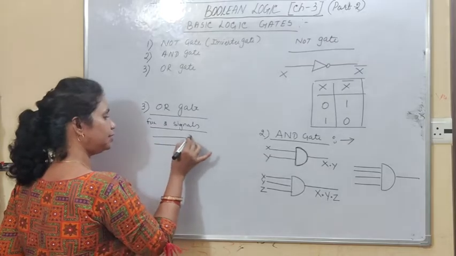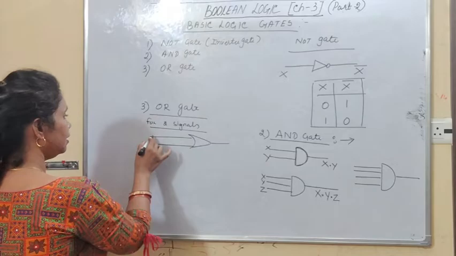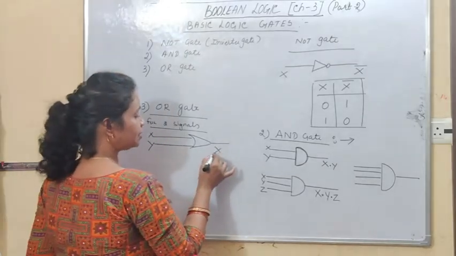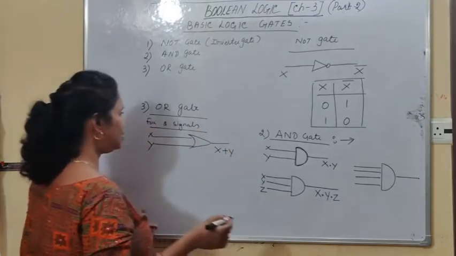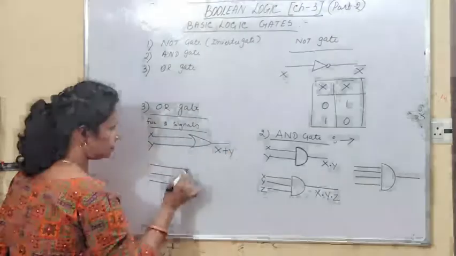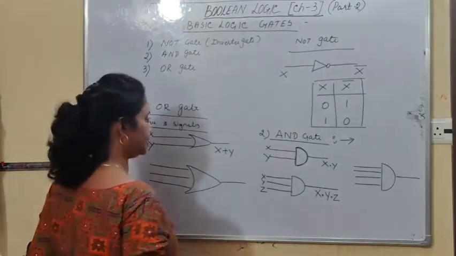Suppose these are two input signals. See, this is the symbol of OR gate, right students? So here if x and y are the two signals you have, then the output signal is x plus y. Similarly, OR gate for three variables or three signals. In this way you have to draw the OR gate, right?